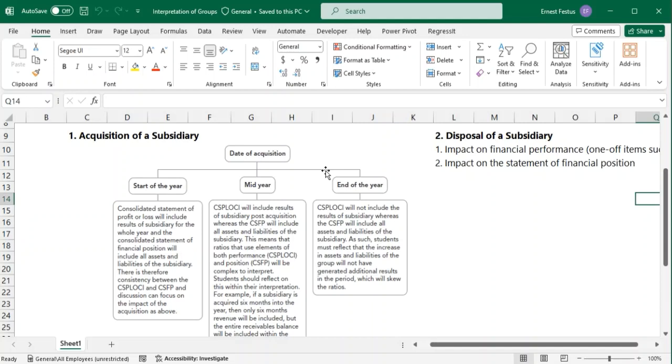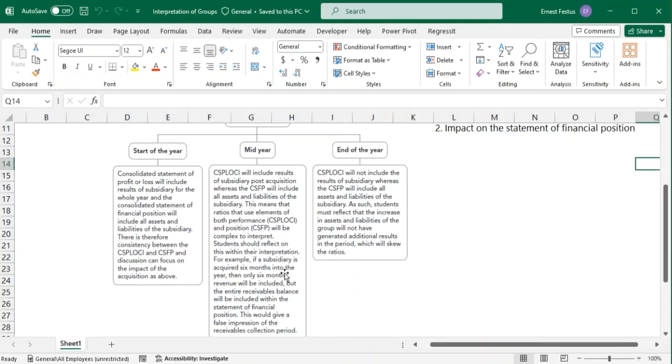Why? Because the consolidated statement of financial position is prepared at the reporting date, and so because it is prepared at a particular point in time, which in this case is the reporting date, it will include the entire figures for assets and liabilities.